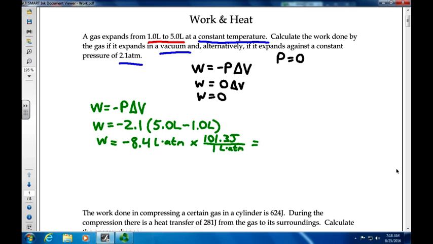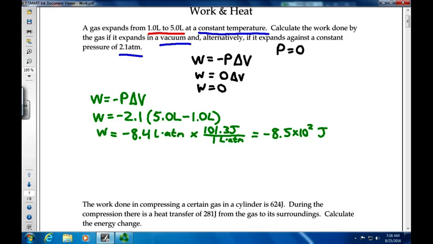Which, again, doing the arithmetic out, is negative 8.5 times 10 to the second power joules. And that is the work done for this particular problem. Let's do another problem.